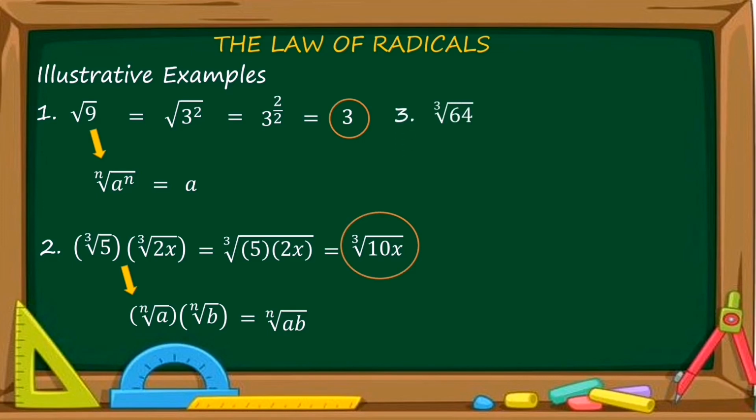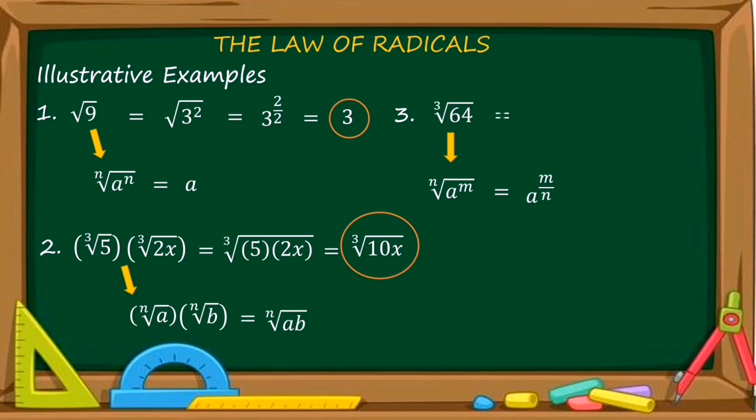Number 3. Cube root of 64. Here, we will use the second law of radicals, which is the nth root of a raised to m is equal to a raised to m over n.